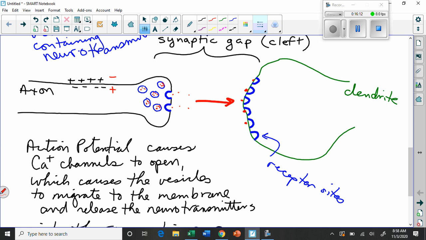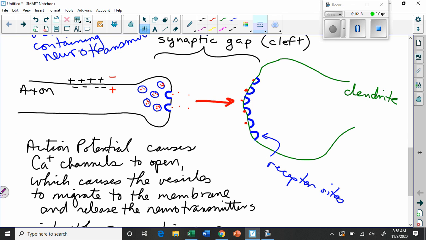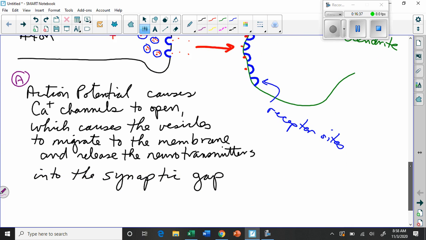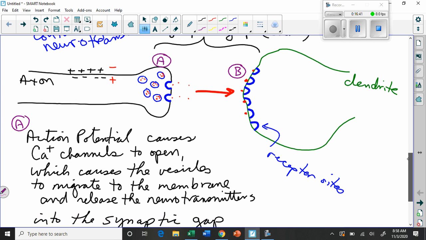Okay. What we could do to make the picture is use little points. So I could put A here in purple, and we could put an A right here to show what's happening. Description A. And then over here, I'll put a B. And then down here, I'll describe what's happening at position B. That might help make it easier to use one picture. Okay? So you see what's happening there at position B. We're just going to write that underneath here.